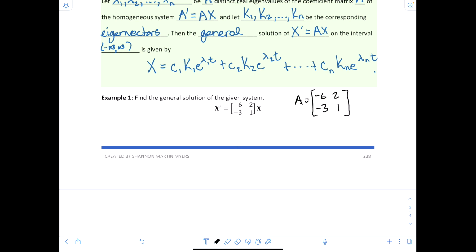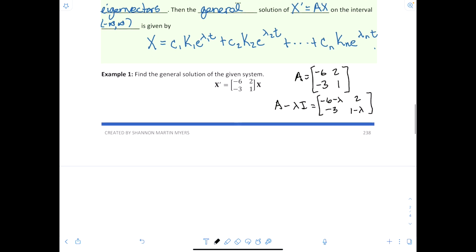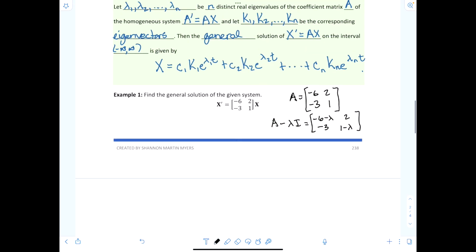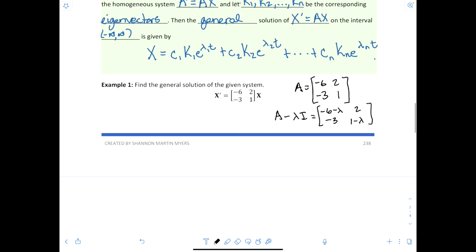Now we also want to know A minus lambda times I. So that is going to be negative 6 minus lambda, 2, negative 3, and then 1 minus lambda.